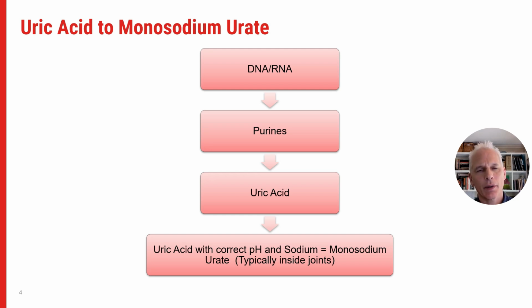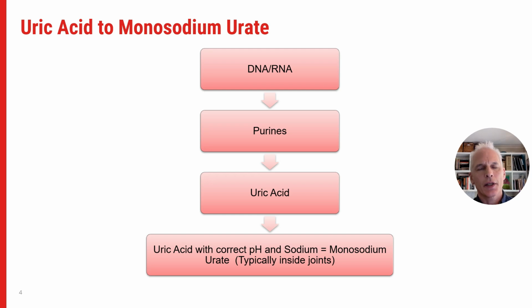When cells are broken down, the DNA and RNA is broken down into purines, and then purines are broken down into uric acid. That uric acid floats around in your bloodstream, and some of it might be excreted, but a lot of it isn't, and a lot of that uric acid may start to seep into the tissues. That includes the soft tissues, the muscles, the tendons, skin, and particularly joints.